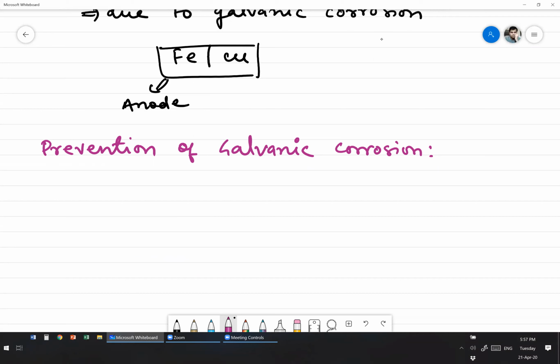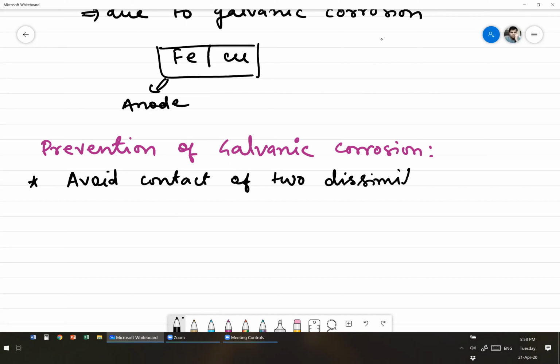So how can we prevent it? By avoiding the direct contact of two dissimilar metals. So the first thing we can do to prevent galvanic corrosion is avoid contact of two dissimilar metals.